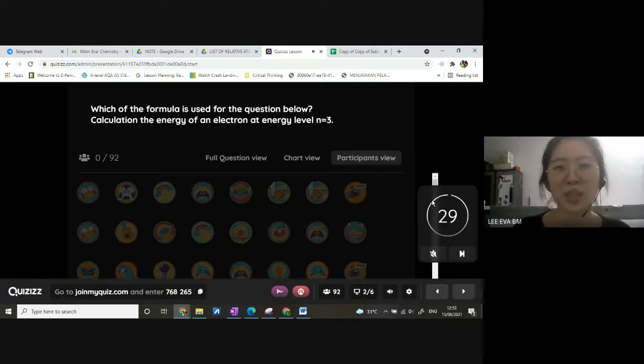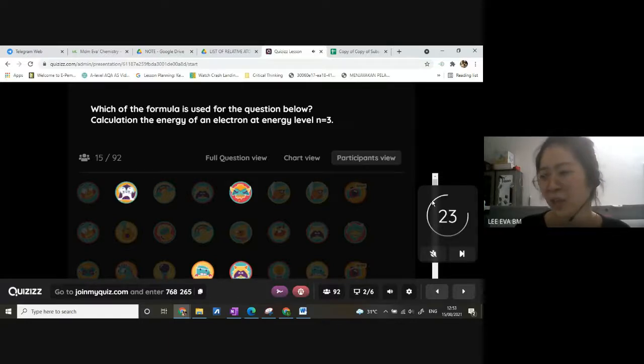Which of the formulas is used for the question below? Calculate the energy of an electron at energy level n equals to 3.